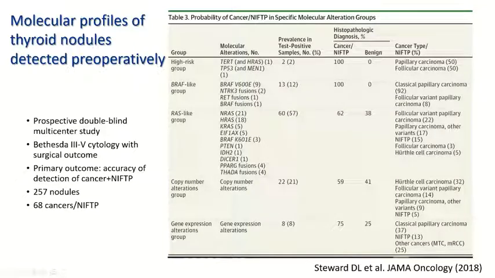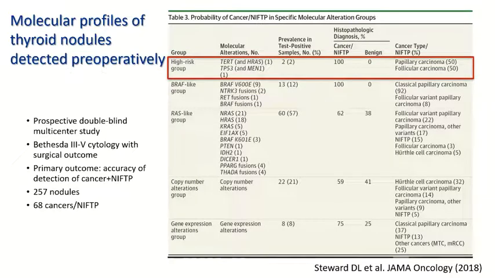This is just one multi-center study looking at the indeterminate nodules, and about 2% of indeterminate nodules had this high-risk group, which is typically a combination of low and high-risk mutations. Some of them were BRAF, some of them were not, such as RAS mutation. But this is a very small proportion of tumors.